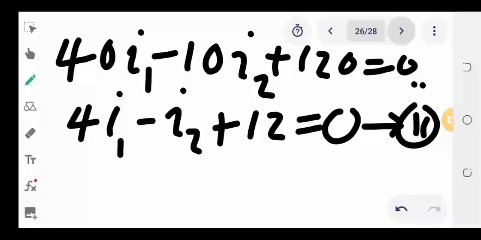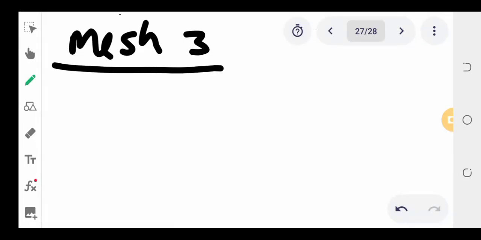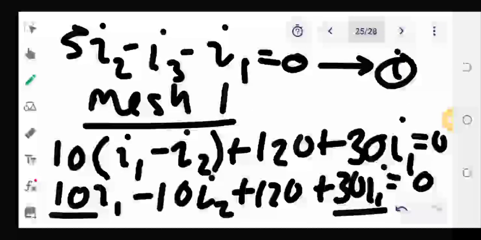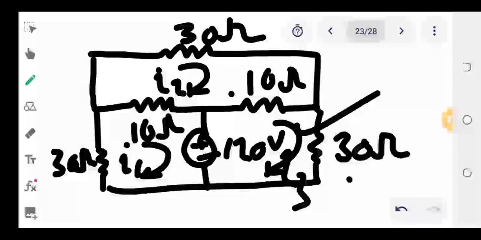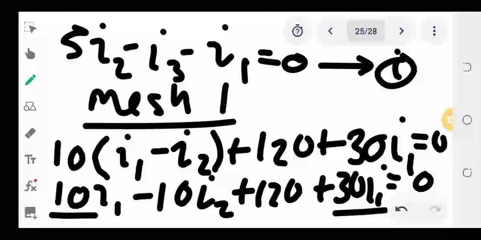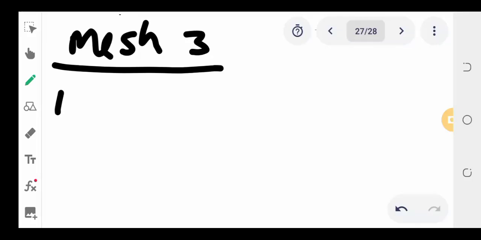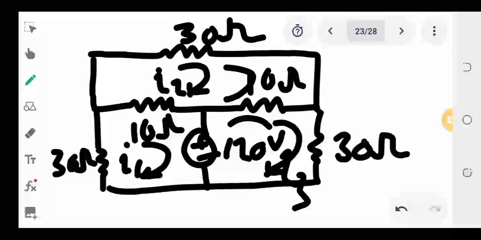So we can move to mesh 3. In mesh 3, we have got the 10 ohm resistor, the 30 ohm resistor, and the 120 volt source. At the 10 ohm resistor there are two currents opposing each other, I2 and I3.